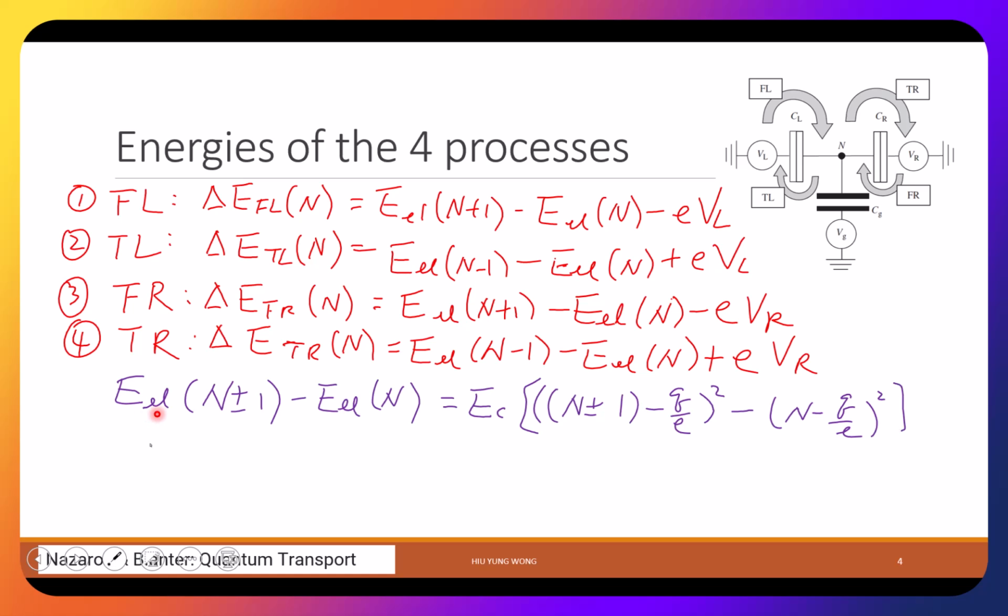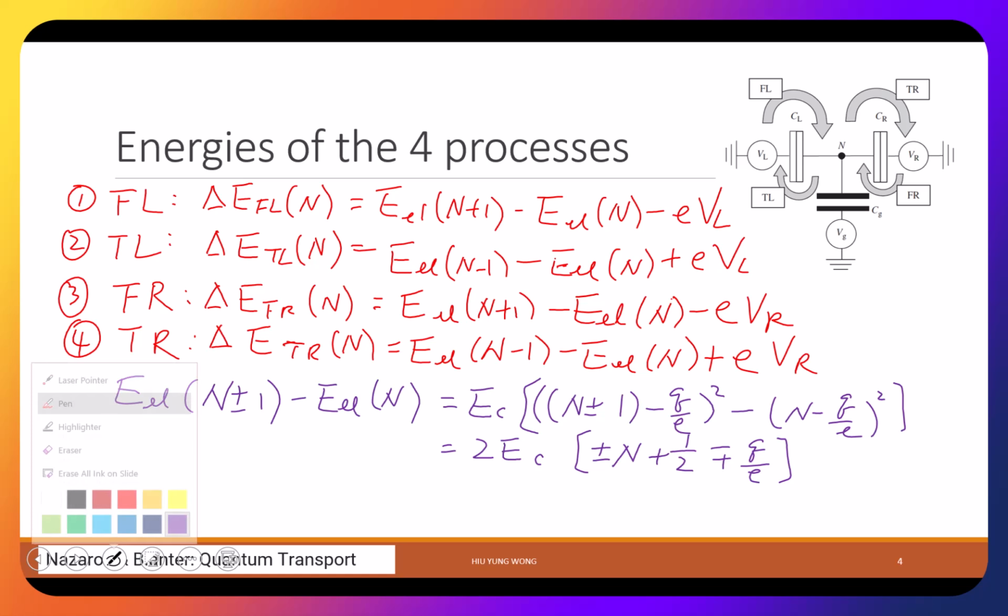So EL of N plus or minus 1 is just EC times (N plus or minus 1 minus Q over E) squared, right? EL of N is just EC times (N minus Q over E) squared, right? The only difference is one has N plus or minus 1, one is just N, right? So if you go through the math, I don't do that, you get that this is 2EC, I hope I'm right, times (plus or minus N plus half minus plus Q over E). Okay, so this is the math.